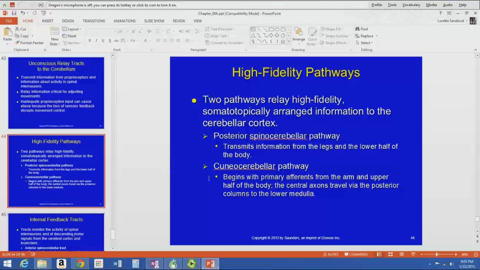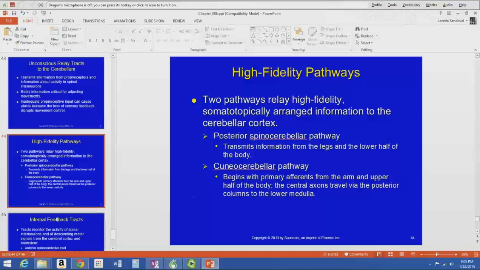That's where the information goes from that cuneate area to the cerebellum in that dorsal area of the spinal cord. Posterior and dorsal mean the same thing, so it travels via the posterior columns to the lower medulla. Later on, when we're talking about spinal cord injuries, we will talk about how those different areas of the spinal cord, if they're affected in an incomplete spinal cord injury, what the losses in the body are.